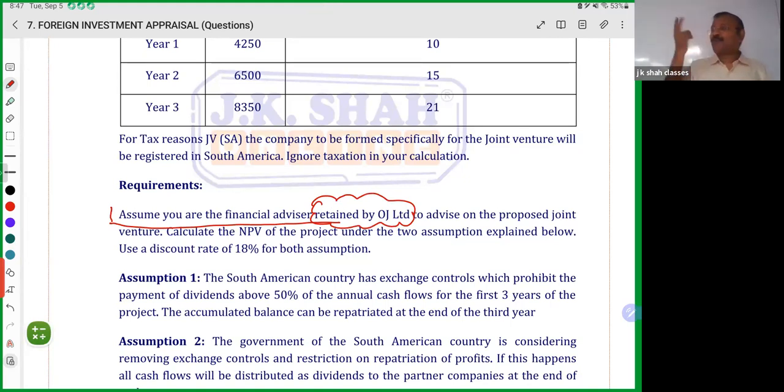Okay, one minute. There are two ways of evaluating a project, of participating in a project. One is you invest directly in a project. Two is you invest in a company which is going to invest in a project. In the first case, where you are putting money directly into the project, you are going to evaluate the cash flows from the project and see whether it is worthwhile participating in that project.